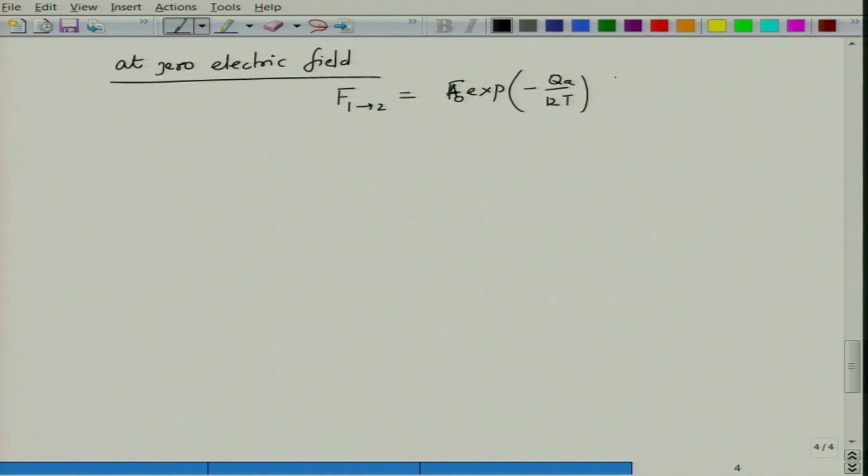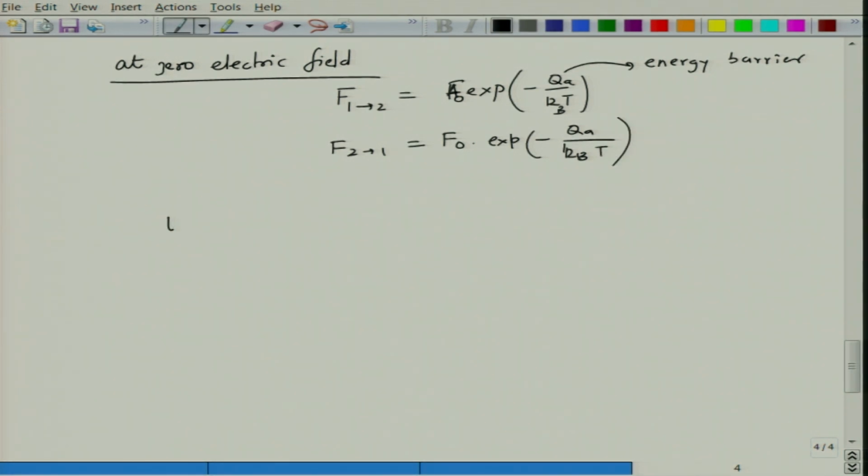This is basically the energy barrier, it being an Arrhenius process, and KBT is the thermal energy. For 1 to 2 this is the frequency. Similarly, for 2 to 1 the jump probability will be f naught exponential of minus QA by KT, and these will be equivalent at equilibrium.